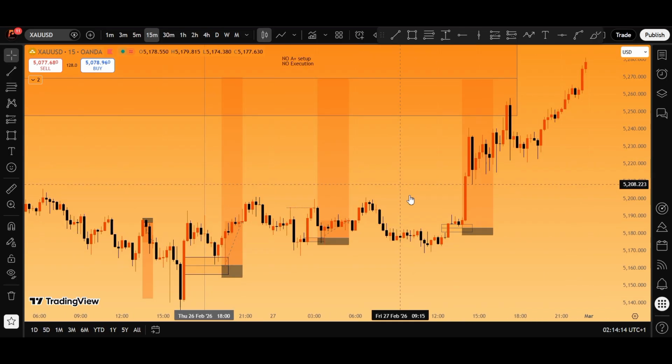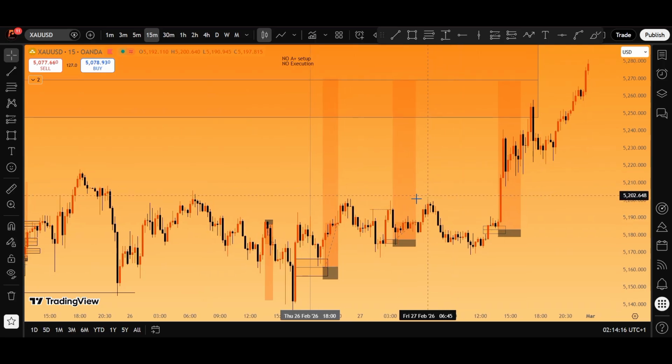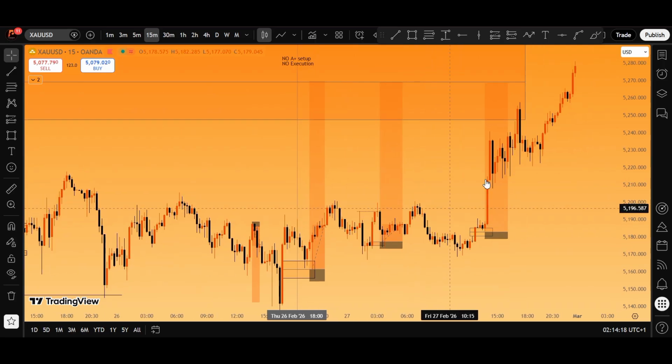Just make sure it breaks above structure before you actually pick your POI. So no matter how beautiful your point of interest or entry or setup is, if the structure is wrong, it's going to fail. In the next video, I'll show you the structure model I use for my entries.